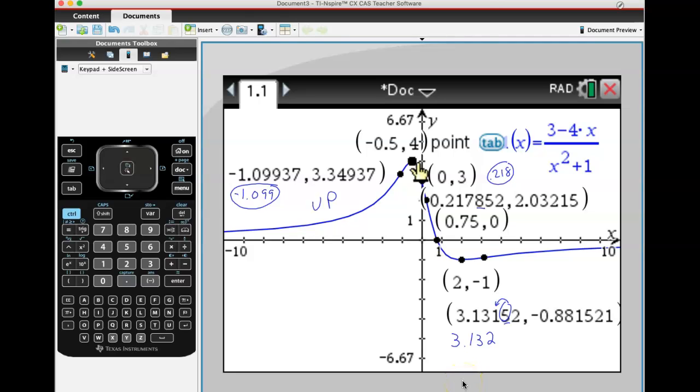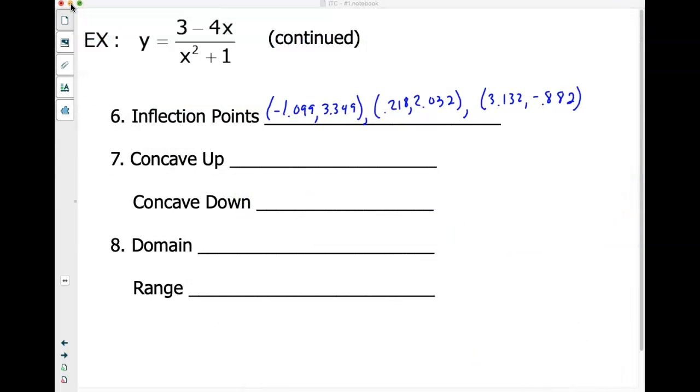Then when I went concave up, easiest way to look at it, when you're looking at your graph, you're up, then you're down, and then you're up, then you're down again. So I should have 2 intervals for up, and I should have 2 intervals for down. And the way I listed my points, I can come right back and lay those little bad boys out here. Now, concave up, where was I?